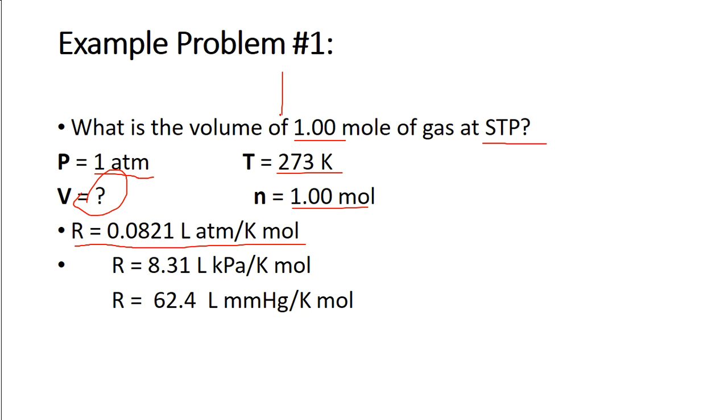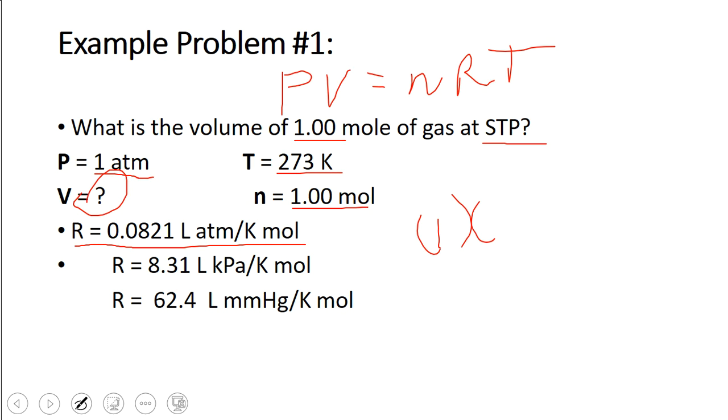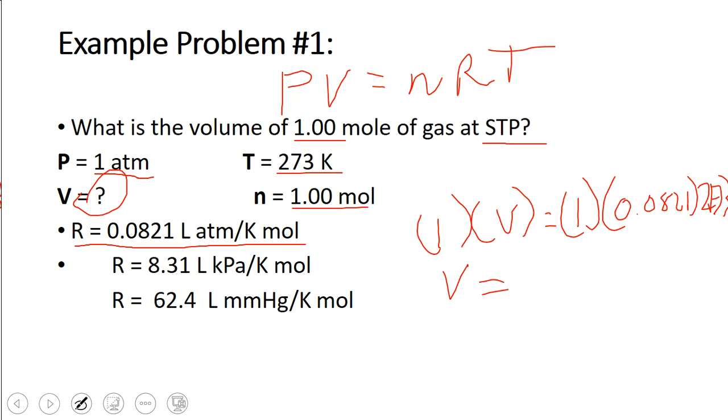So plugging into PV equals nRT, we have 1 atmosphere times the volume, which we need to find, equals 1 mole times the R, which is 0.0821, times T, which is 273. Wow, that fit. All right, so when you solve for V, V times 1 is V, and then 1 times 0.0821 times 273, believe it or not, you get 22.4 liters.